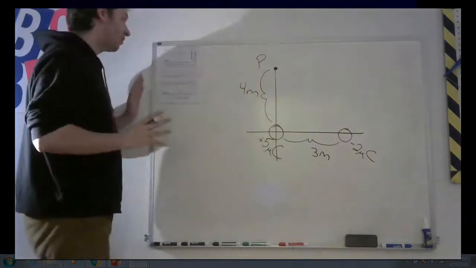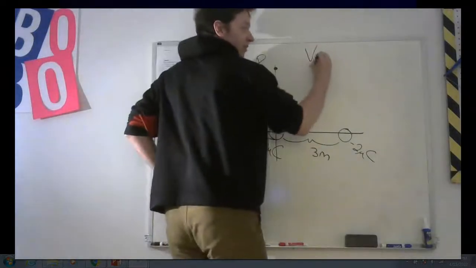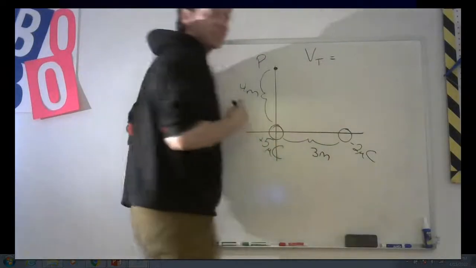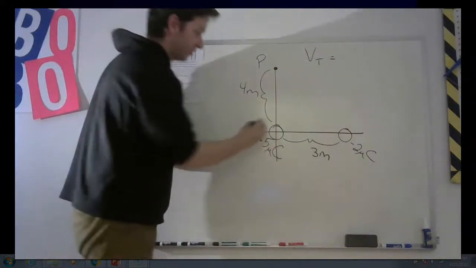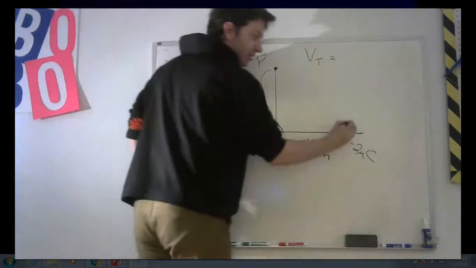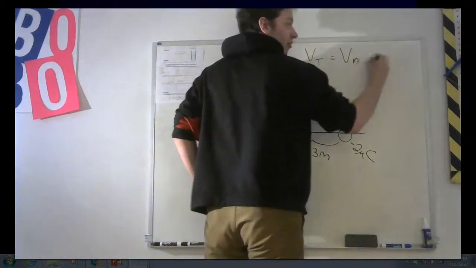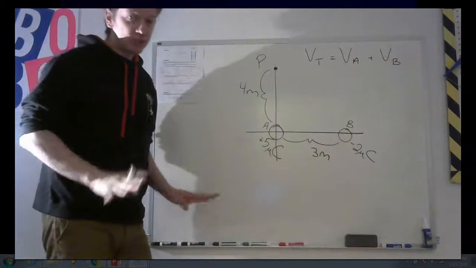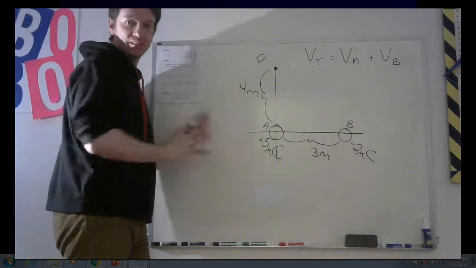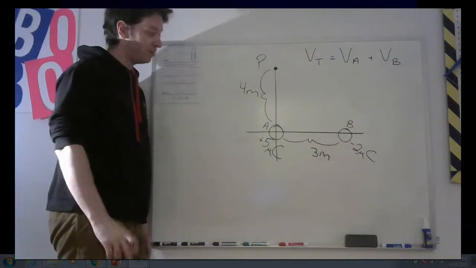Now to figure out what the total potential is at P, we are going to have to sum the potentials provided by this point, let's call it A, and this point, let's call it B. So VA plus VB. Now, these are not vector equations, so even though this is two-dimensional, we do not need to use components. We don't care about direction.